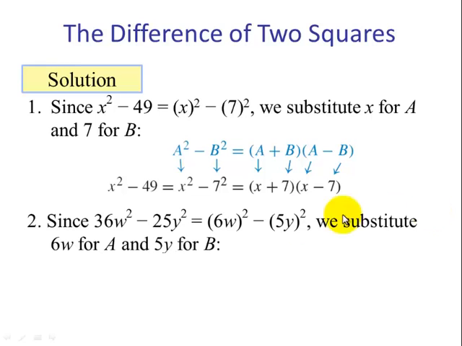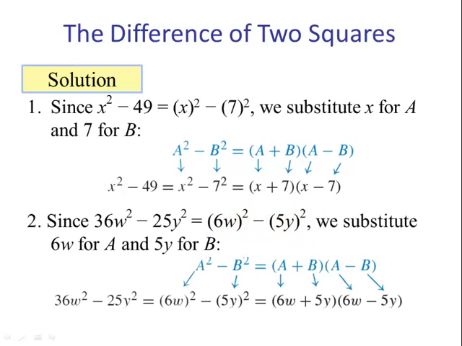Number 2, 36w squared is a perfect square minus 25y squared. That's a perfect square. So we can write this as 6w quantity squared minus 5y quantity squared, and we will have 6w plus 5y times the quantity 6w minus 5y.